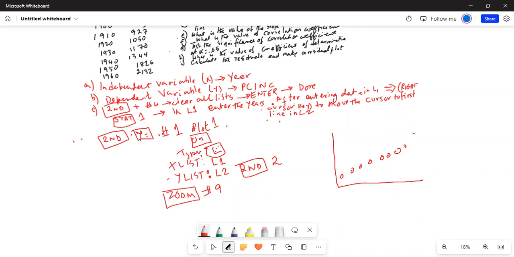The last 2 points are a little outside the straight line. Seems like initially we have a linear plot, but then it may be exponentially growing. Okay, so this is your year in the horizontal axis and your PCINC on the vertical axis.